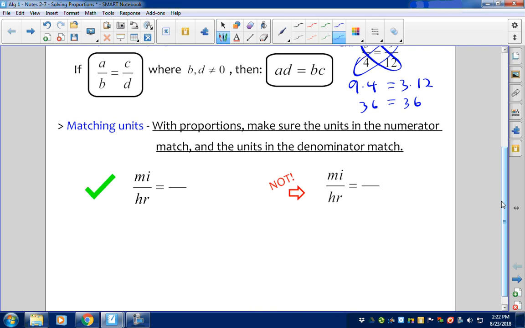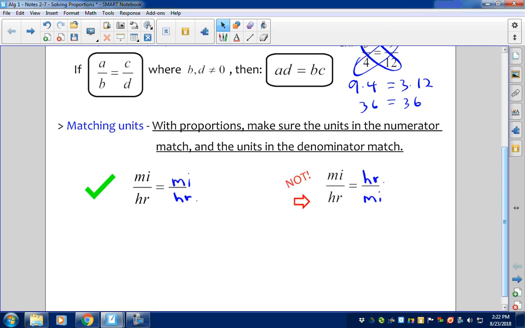You got to have miles over hours, not miles over hours equals hours over miles. So make sure they match straight across when you're setting up the proportion that you're going to solve, and that's going to be your next skill. As a matter of fact, you'll be doing 2 skills on your next skill.